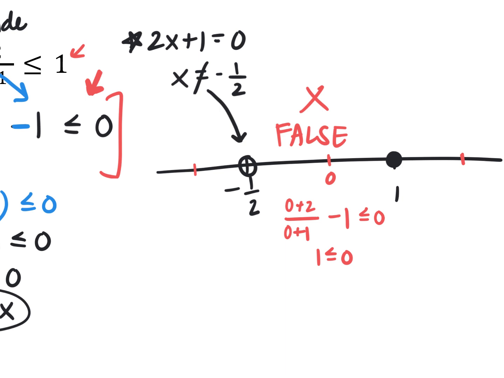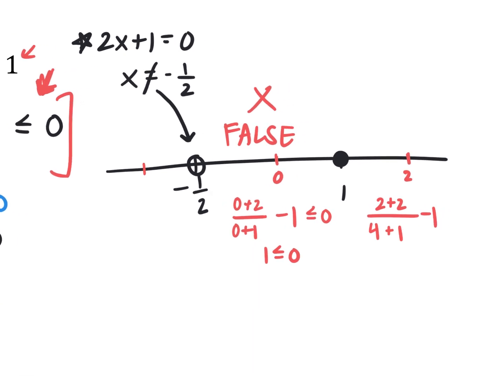Okay, let's test a point to the right of 1. What's an easy point that we could plug in to the right of 1? 2. If I plug in 2, again, plug it into either one of those, you should get the same thing. I'm going to plug it into the one that has 0 on the right side. So I've got 2 plus 2 divided by 4 plus 1 minus 1. Is that less than or equal to 0?